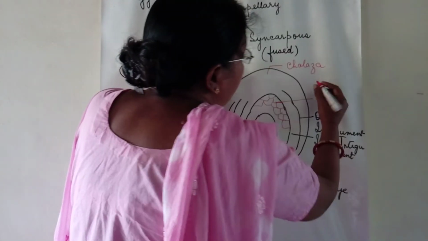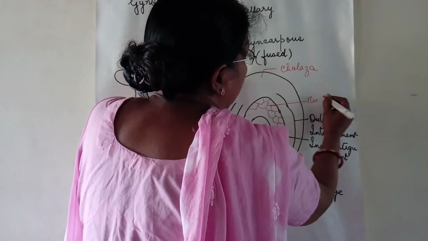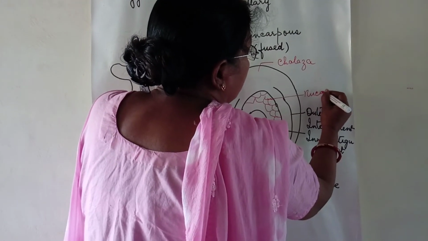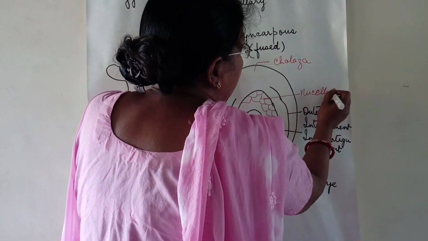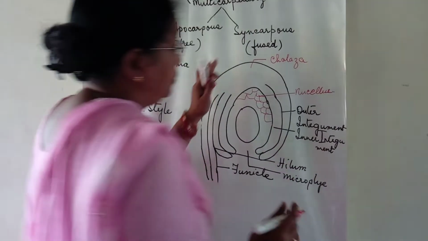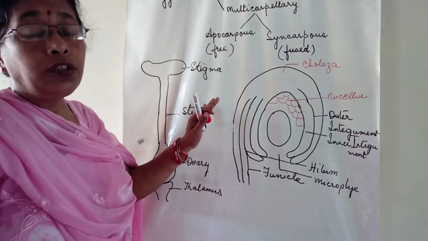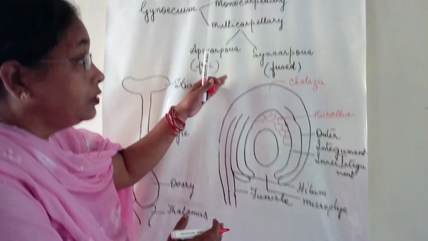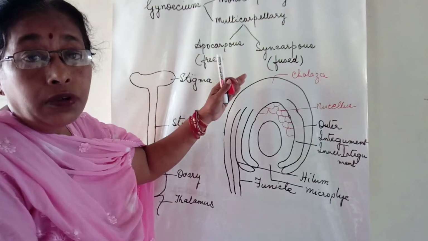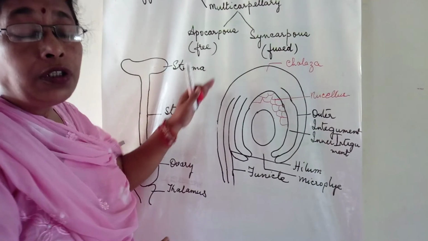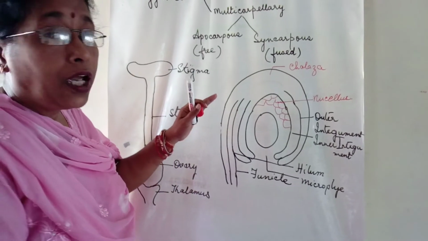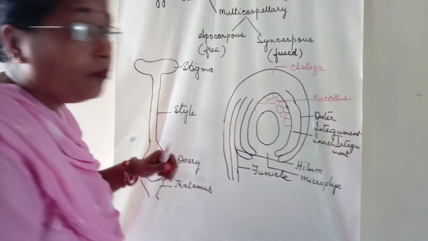This is known as nucellus. Now this is the structure of an anatropous ovule. Anatropous ovule is always upside down, and the majority of angiosperms have anatropous ovule.